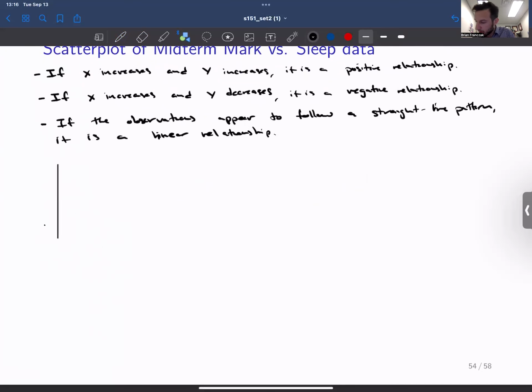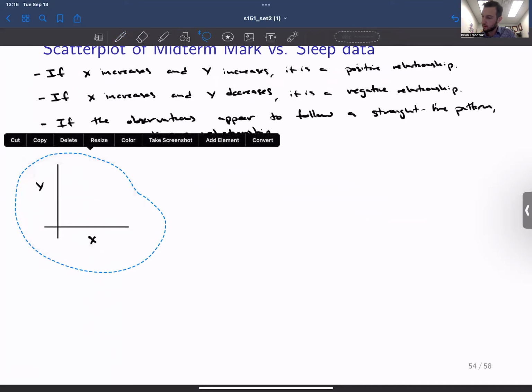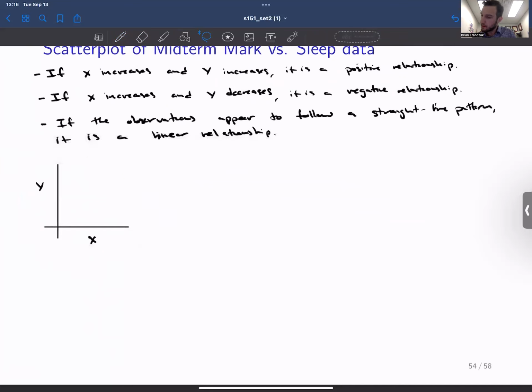Okay, so for example, if we have our X and Y axis here, and we have something that looks like this, right? This would be positive linear.